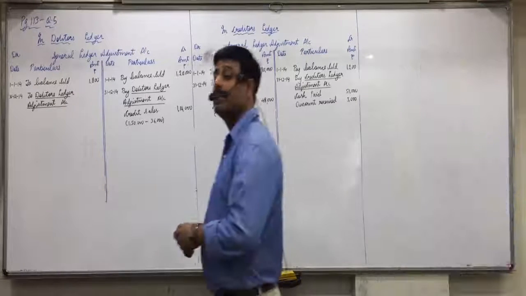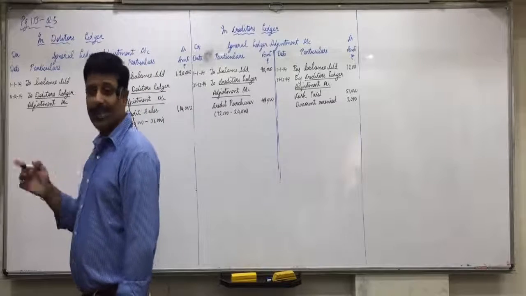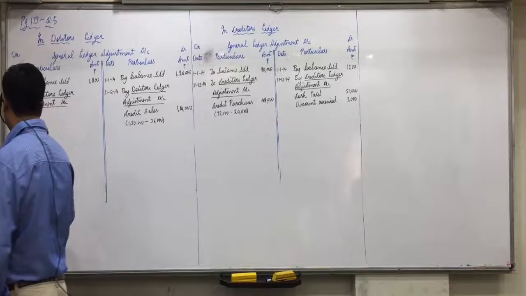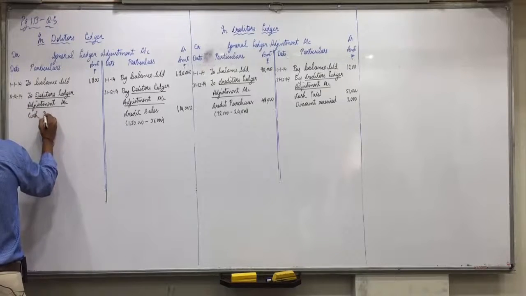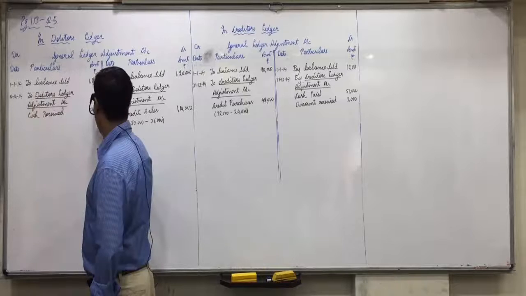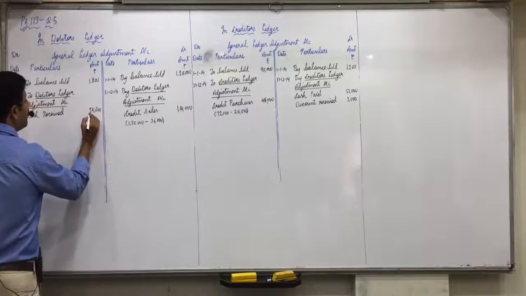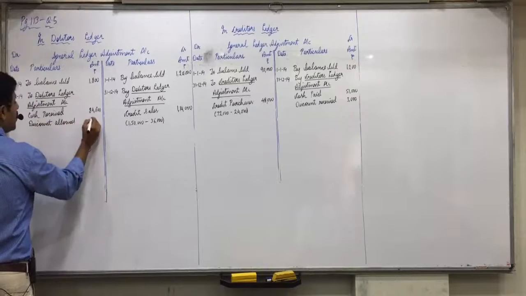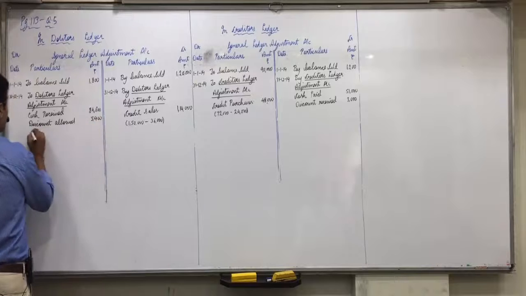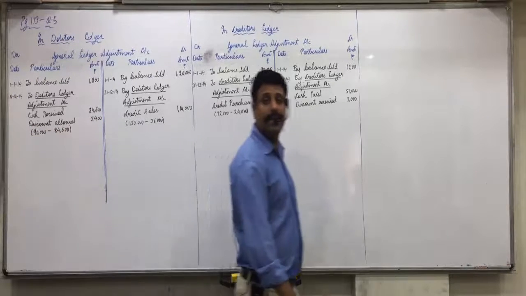Where will we write it, debit or credit? Yes, cash and discount are debit, so we will see it from the cash and discount point of view. On the debit side give this heading and write cash received. How much cash is received? 84,600. And discount allowed is 5,400. In brackets you will show 90,000 minus 84,600. Is everyone clear with this?